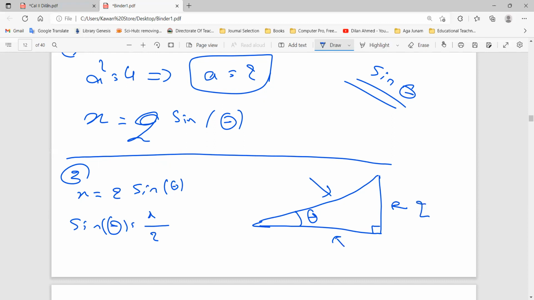Opposite over hypotenuse, right? So we have x over 2. Understood.